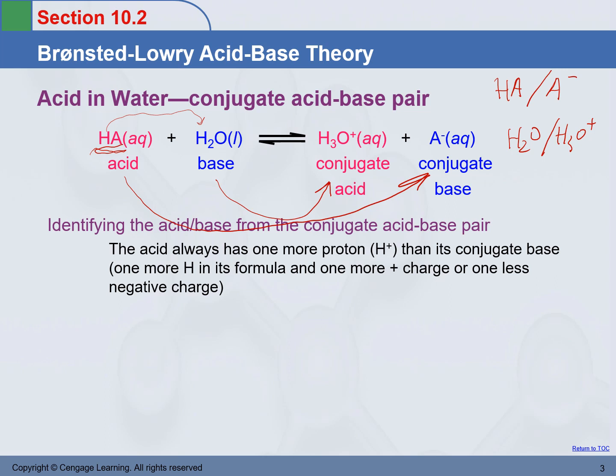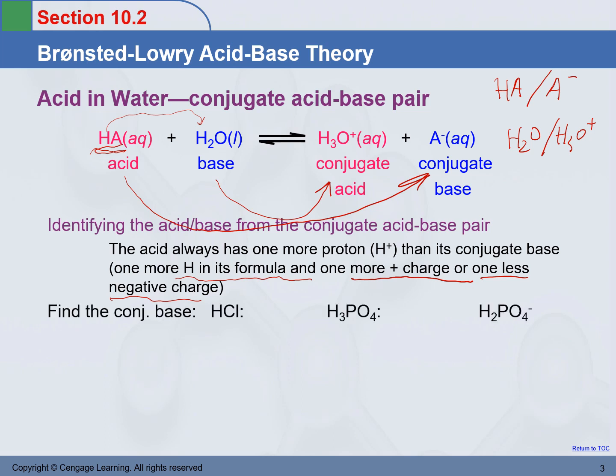One more proton means it has one more hydrogen in its formula and one more positive charge, or one less negative charge. So let's practice. Try to find the conjugate acid and the base for some given species.